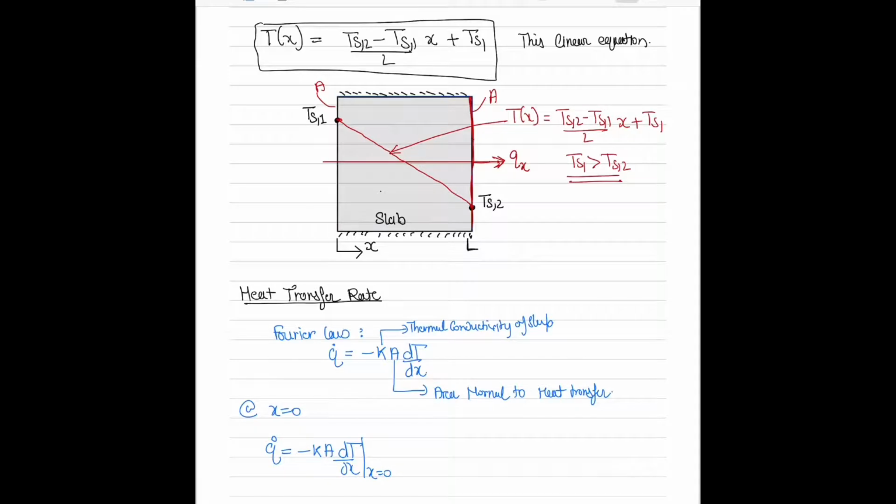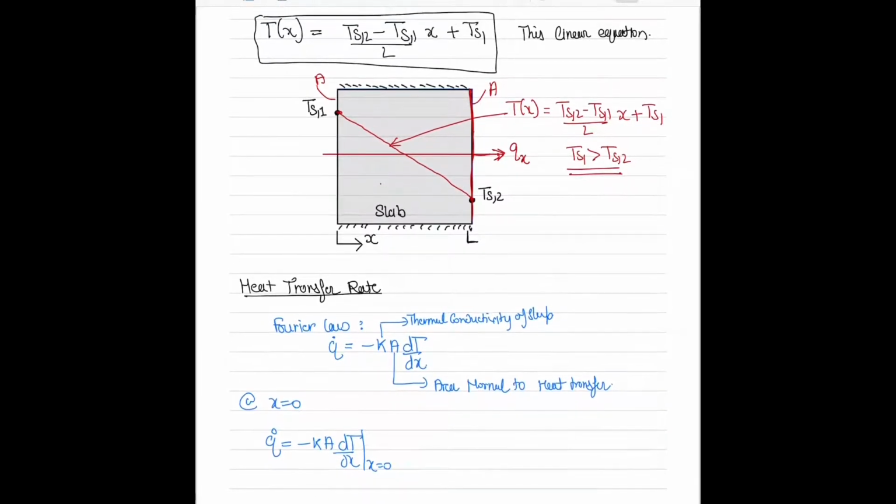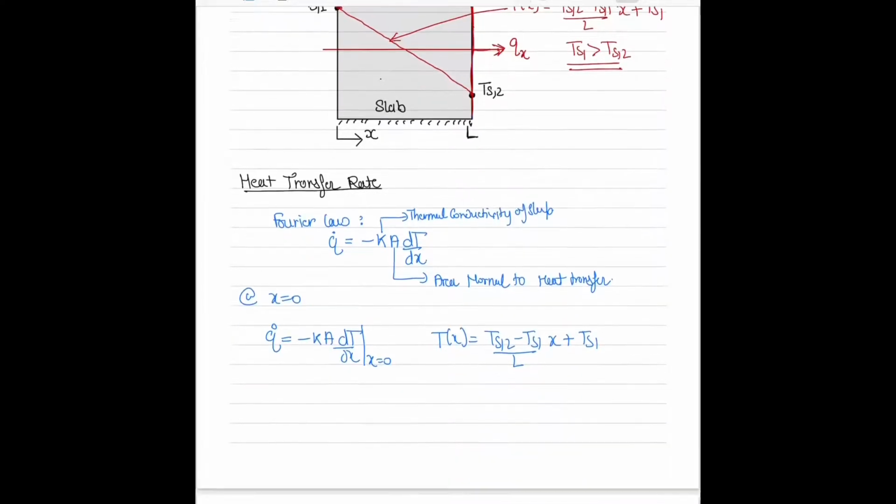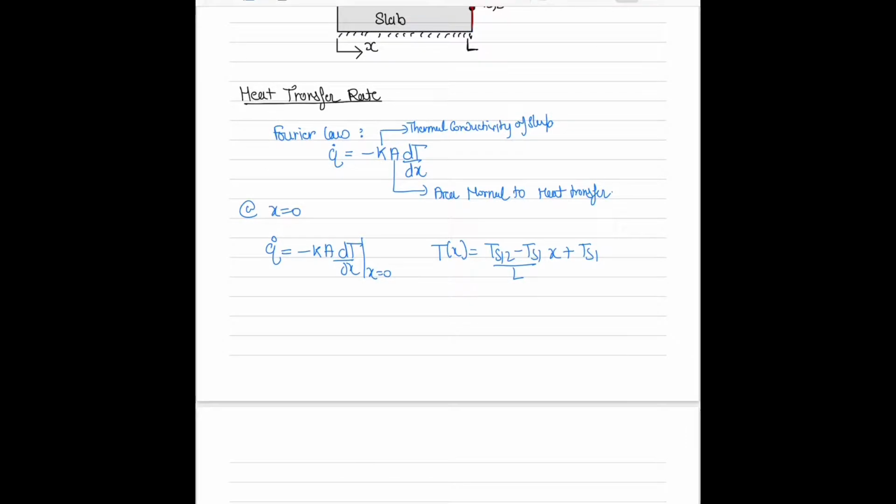And we know our profile as temperature as a function of x is equal to Ts2 minus Ts1 divided by L into x plus Ts1. Now differentiating this equation with respect to x, del T by del x equal to Ts2 minus Ts1 divided by L at x equal to 0.